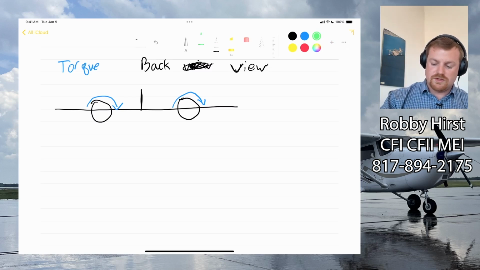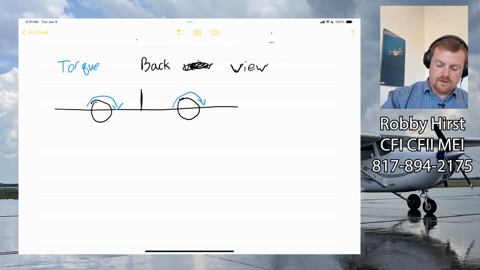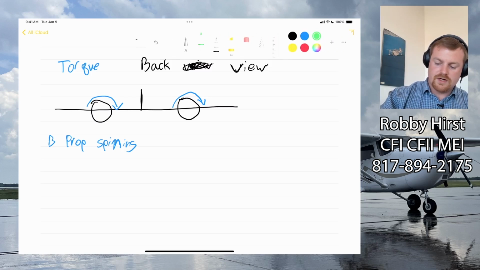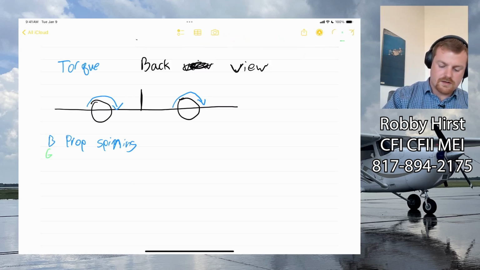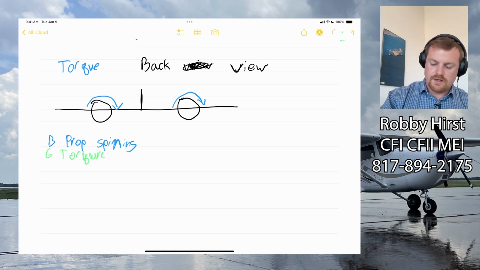So we're going to say blue is prop spinning, and we're going to say green is torque. So the opposite torque is this way.